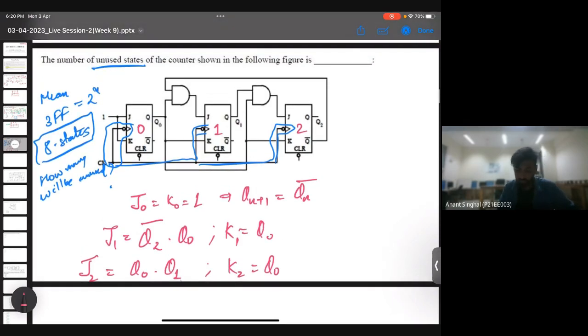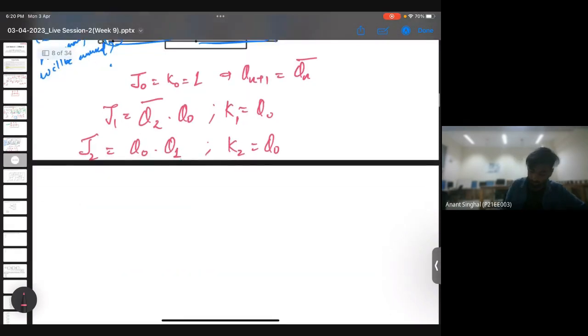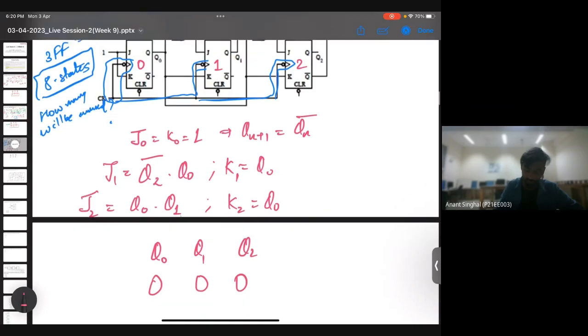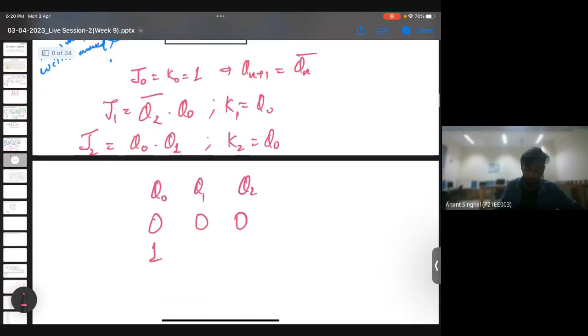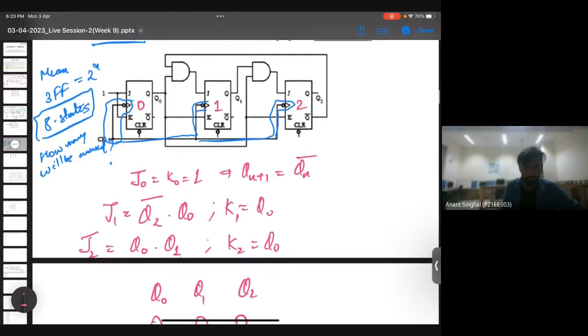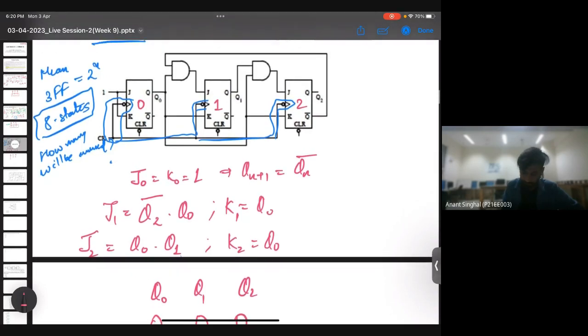So it asks for the number of unused states. We'll start, as usual, with Q0, Q1 and Q2 as 0, 0, 0. In the first flip-flop, it will always toggle since both J0 and K0 are 1, so in the next state Q0 will be 1. Is it fine with everyone? Yes, sir.